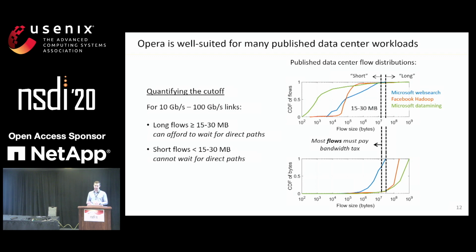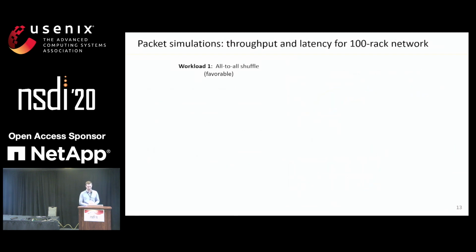If we replot that same data as a CDF on the number of bytes, what we see is that most bytes sent across the network are actually contained in a small number of very long flows. What that means is most bytes can actually avoid paying the bandwidth tax by waiting for these direct paths. So this is promising at a high level for these workloads. Next I'll talk about some packet simulations we did to quantify performance even more.